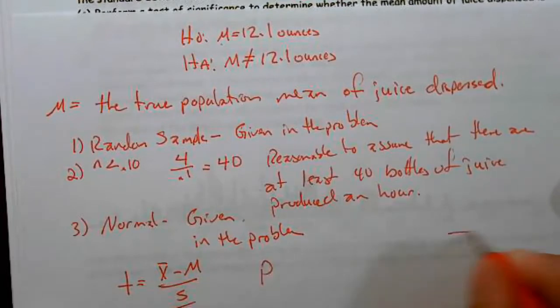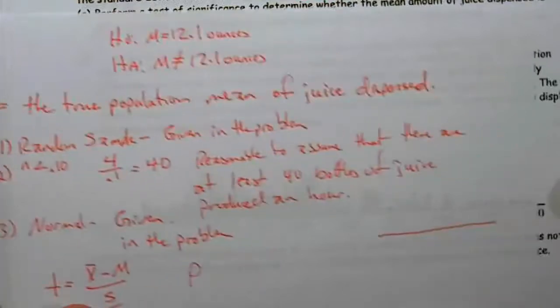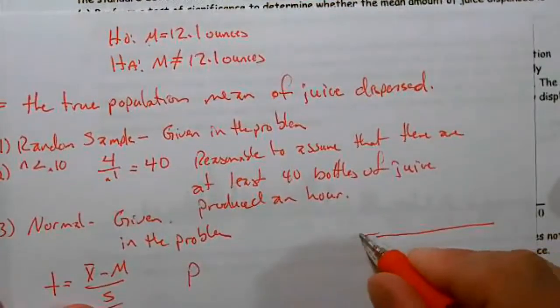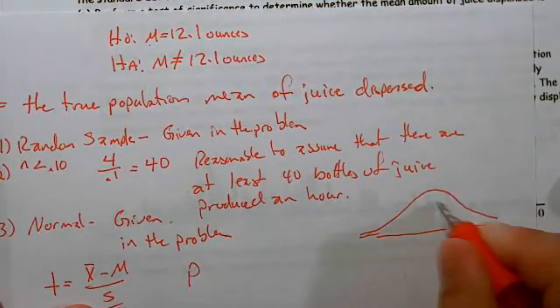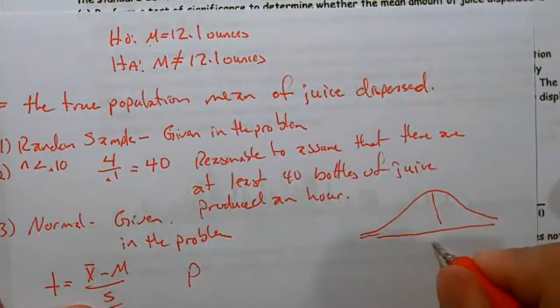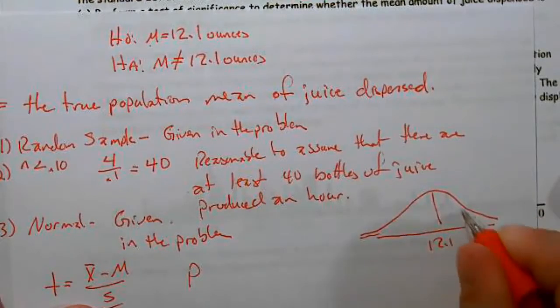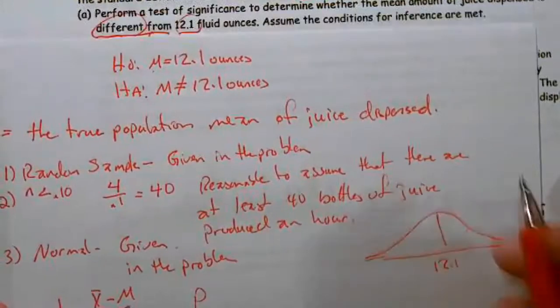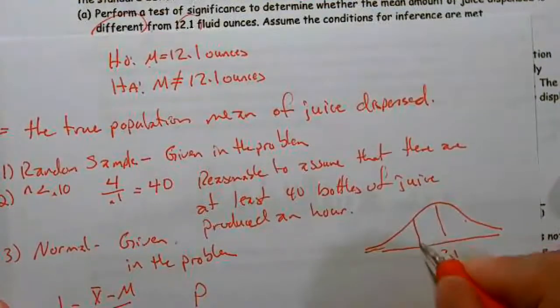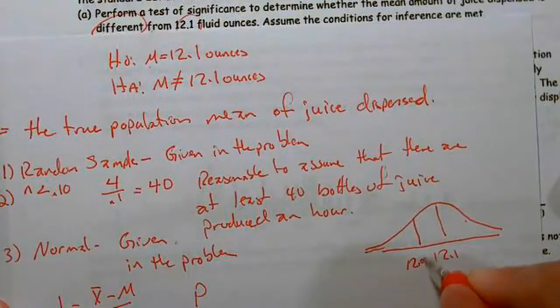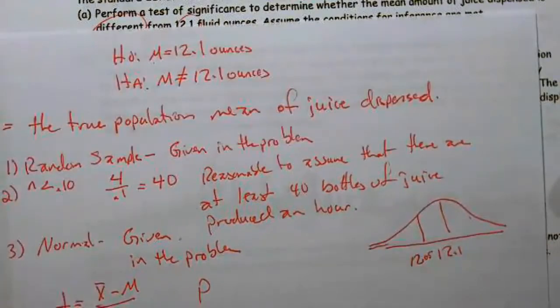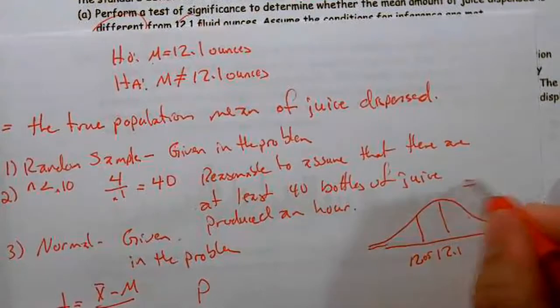So I should draw my little picture so I can look at what we're working with. So this is 12.1, and I ended up with 12.05.